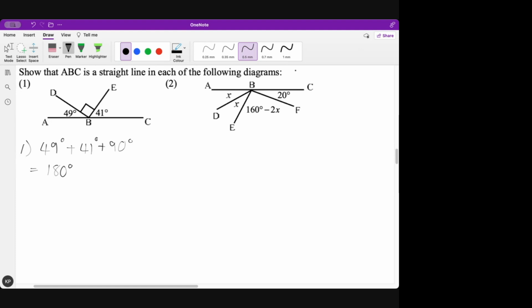What do we think? Because we are determining if it's a straight line. Now, if you go after this and you say angles in a straight line, there goes all your marks because you are already assuming it is a straight line. So after you do this, you need to conclude. So you're going to say, therefore, ABC is a straight line.